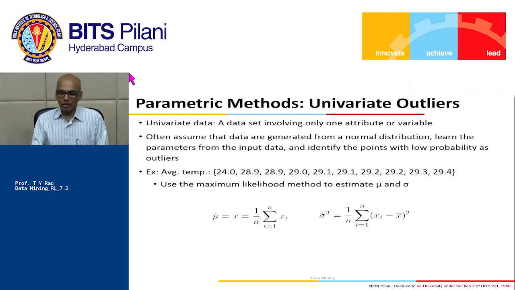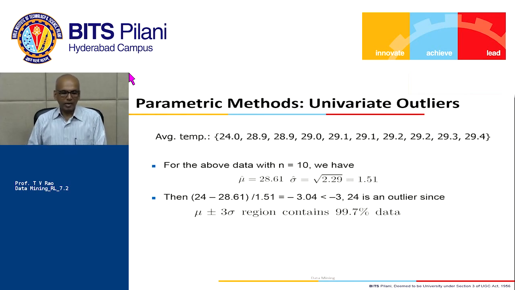Let's say we have temperature data with 10 data points, and we use mu and sigma to determine whether there is an outlier. When we calculate mu for all these 10 numbers, we get a mu of 28.61, and sigma is going to be 1.51.